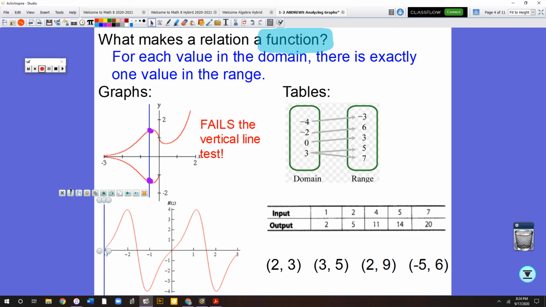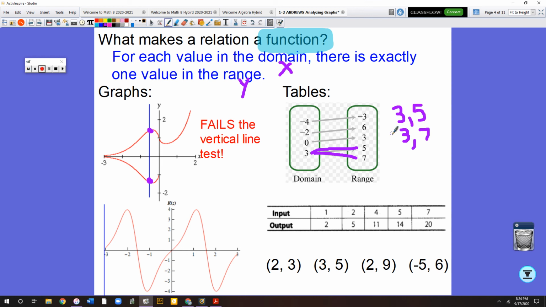Okay. In one of those kind of wacky tables, okay, if every value in the domain or x value can only have one y value, then the fact that this positive 3 in the domain is pointing to two different y values, okay, that means the same x value has two different y values.